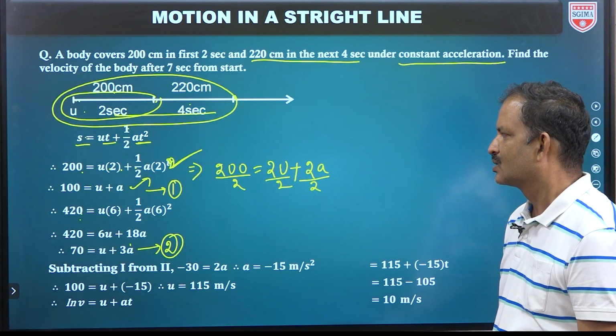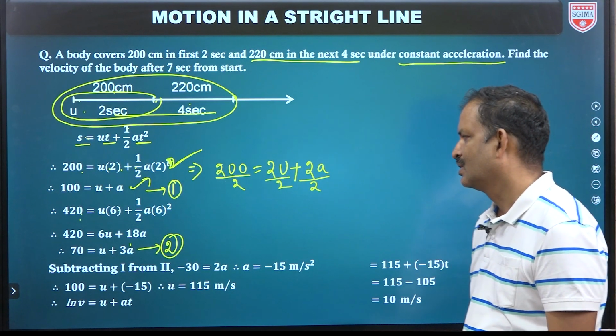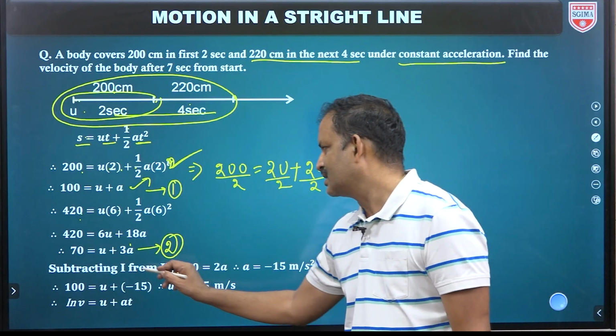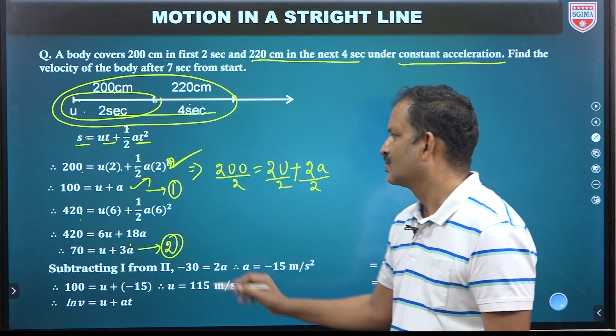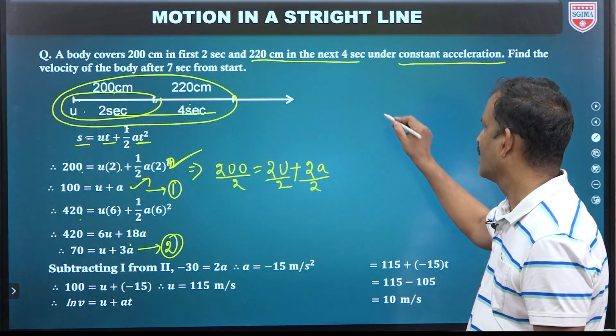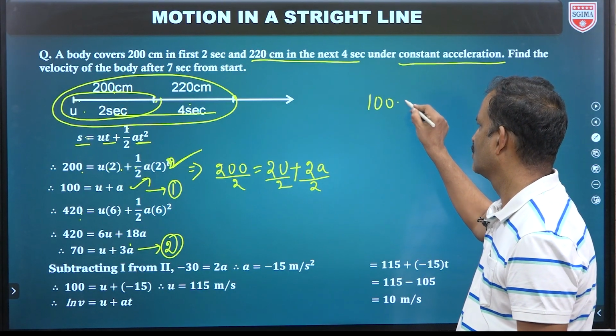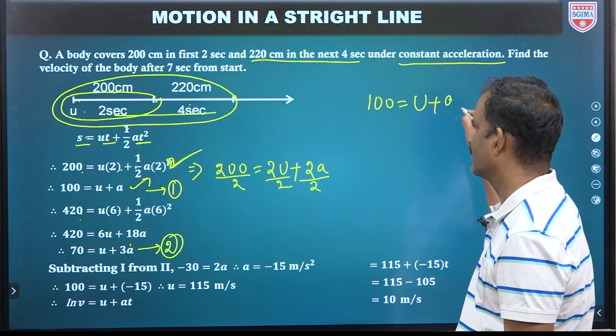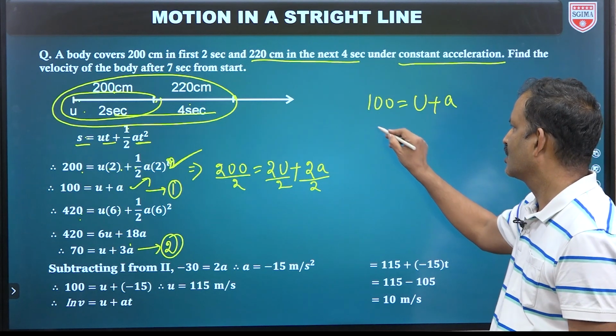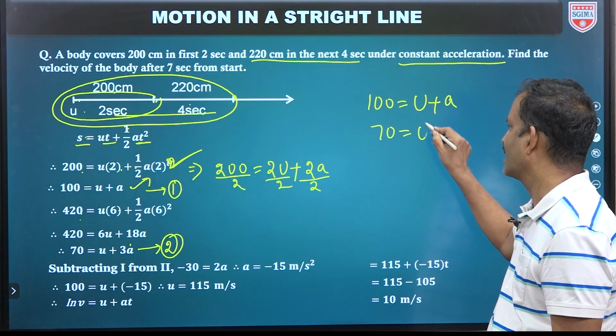Okay. So you have to solve these equations. What do we have? 100 is equal to u plus a, one equation. 70 equal to u plus 3a.